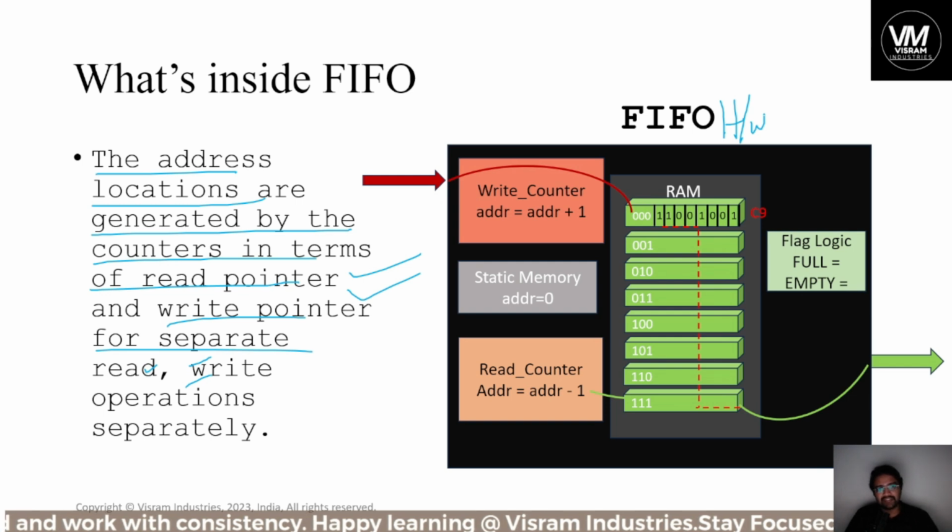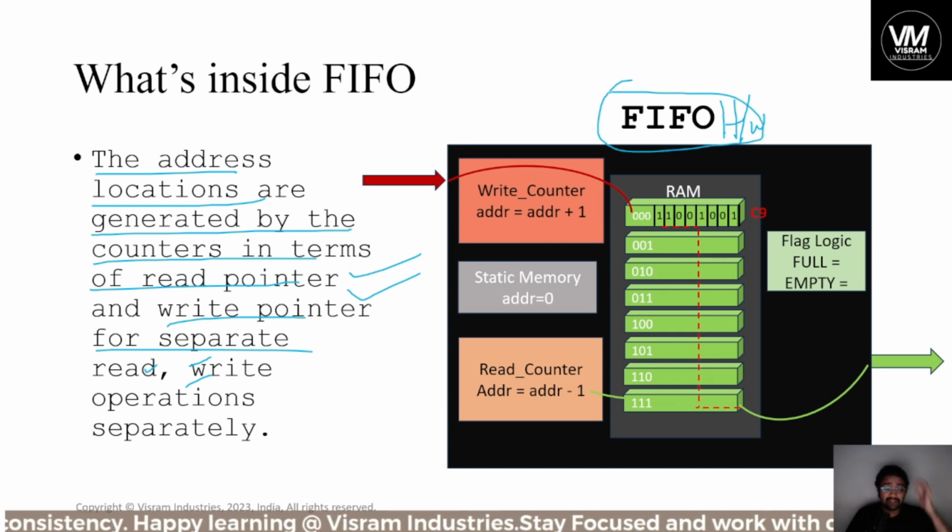In the previous lecture you have seen the IO buffer cells, right? Some buffer cells have FIFO. If we design that, buffer cells can be turned into FIFO design, and that FIFO design has an architecture with one write counter, read counter, and also static memory called status logic. Address is equal to 0 in the initial condition, and flag logic. What is full and empty?